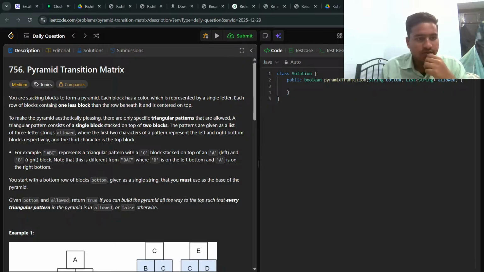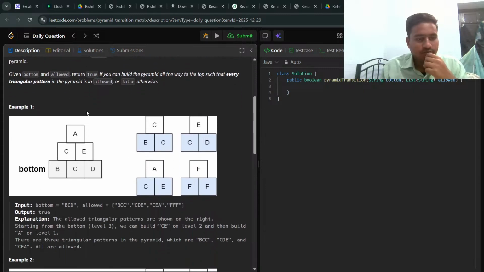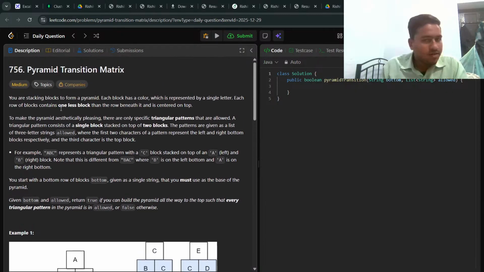Each row of blocks contains one less block than the row beneath it, and is centered on top.